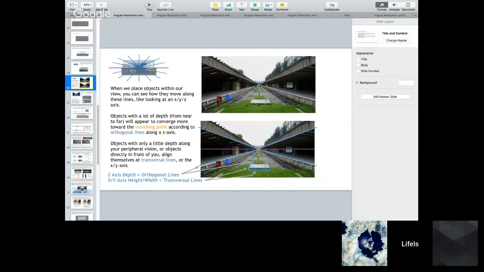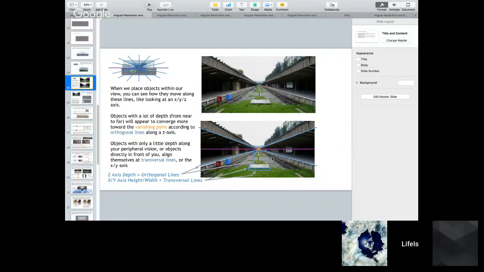The actual vanishing point is probably obscured by these buildings, but that's how your vision is formed, that's how perspective is formed. The horizontal and vertical lines are your transversal lines, so this box lines up along transversal lines, and the depth of the box lines up along the orthogonal lines.